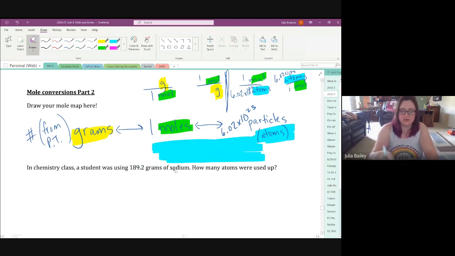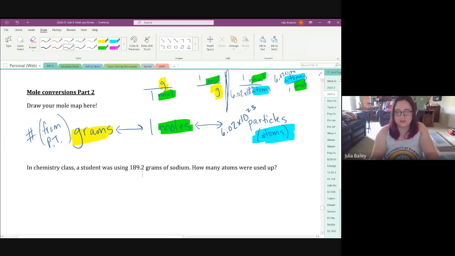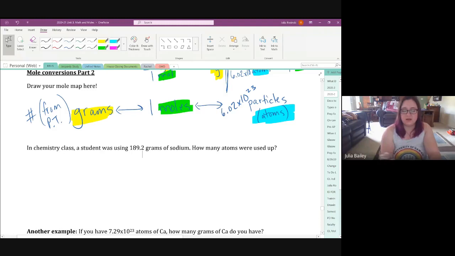If we look at this example problem right here, in chemistry class, the student was using 189.2 grams of sodium. Notice where they give you a number, that's your given, and it asks how many atoms were used up. So you've got this question word how here, telling you how many atoms is what it's asking about. So atoms are going to be your unknown there.